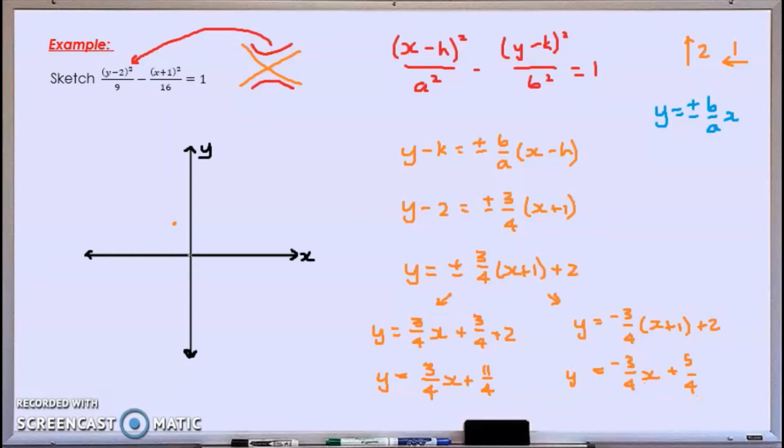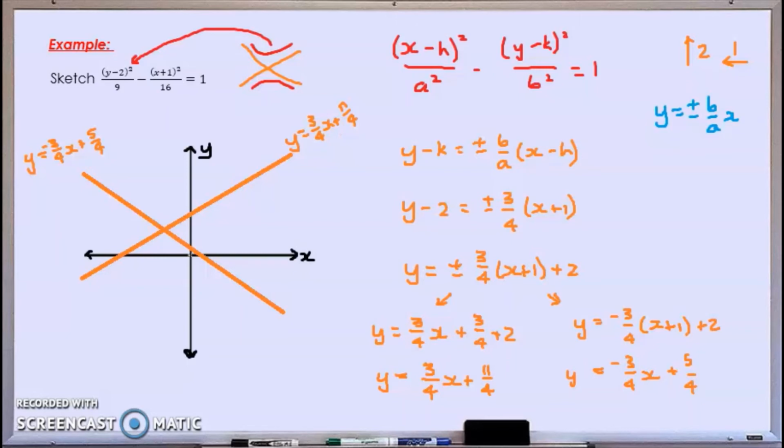So let's draw these two asymptotes in. One of them is going to look like this. One of them is going to look something like this. Our equations will be written down here, and make sure we get that correct.